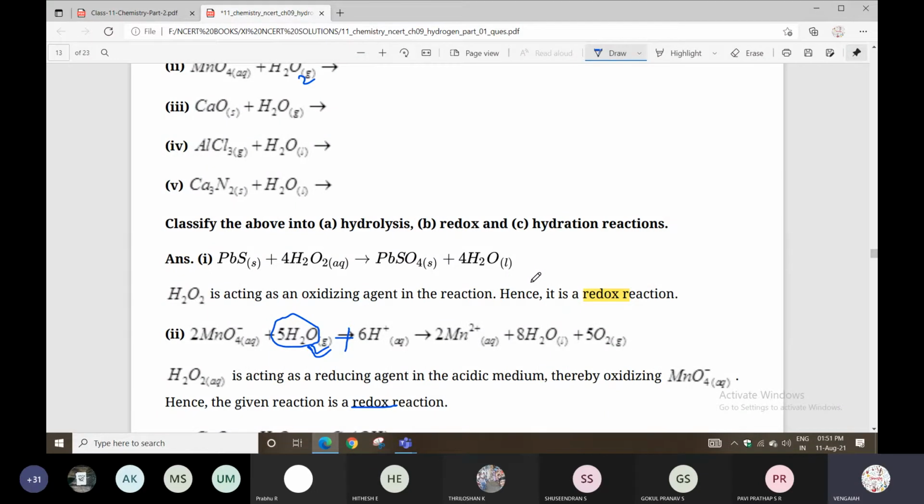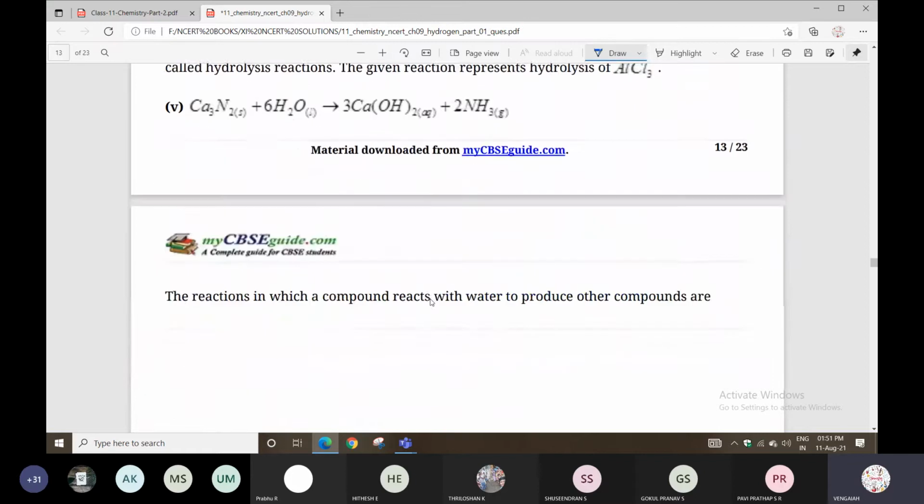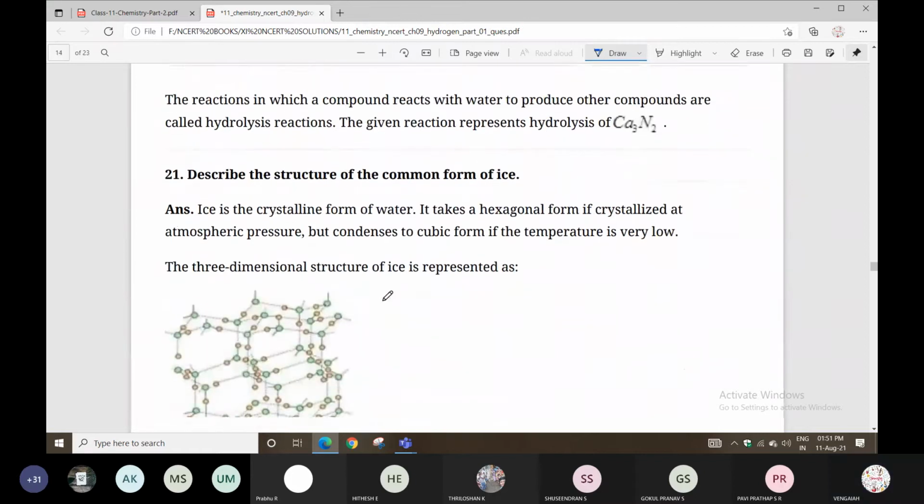Alkenes and alkynes reacting with water to produce alcohol, that you can say is a hydration reaction. Main examples are alkenes and alkynes. Clear all three? Yes. Next question, check it.